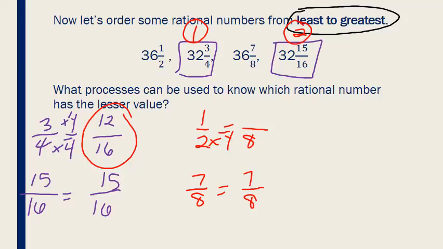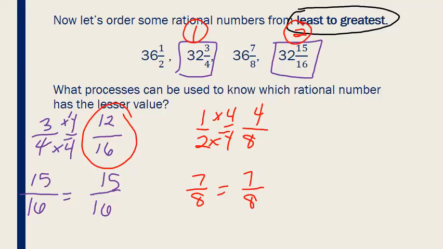And then 2 times 4 is 8, so 1 times 4 is 4. Good job. Is 4 half of 8? Yes, it is. So we know that 1/2 and 4/8 are equivalent. Now we just have to figure out which one has the lesser value. So 4/8 over 7/8, which one has the lesser value?